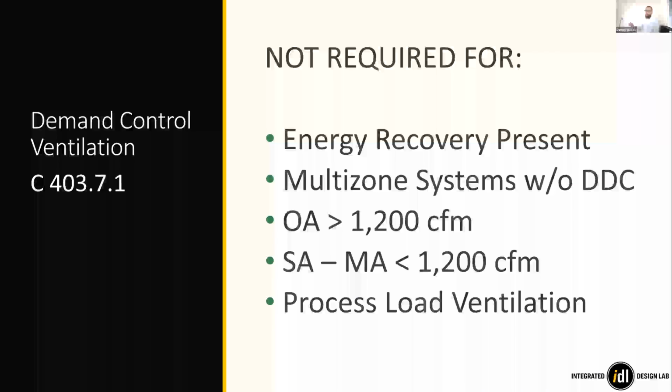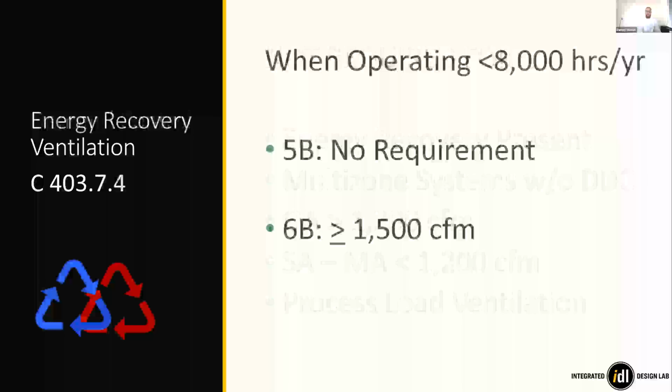Or ERVs or an economizer in these certain settings. So yeah, just have that either on a separate screen or print it out in front of you on your desk when you're going through it. And it'll help make going through the code book slightly less onerous, hopefully, and a little quicker to get through to the actual fun part of design.